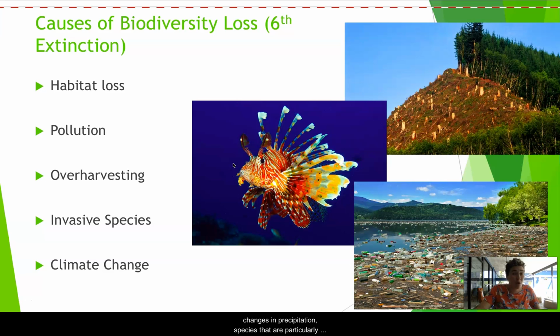Species that are particularly immobile, like trees, for instance, aren't really able to move quickly enough to get out of the way or to get into places that are more suited for them. And coral reefs are also in danger because of climate change, as well as the polar bear, which we hear about all the time. It's not that I don't care about polar bears, it's just that there are lots of other problems as well. So these are some of the major causes of biodiversity loss.